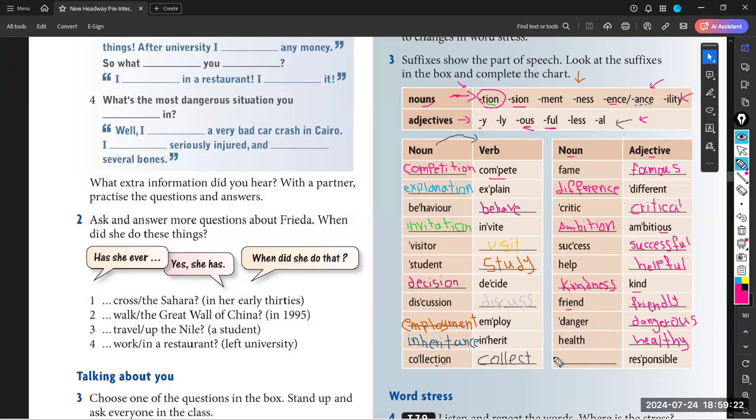Finally, responsible. Responsibility. Yes, thank you so much, Jamila, again. Responsible, responsibility. It's my responsibility to teach you the English language, for example. So I have to add what?